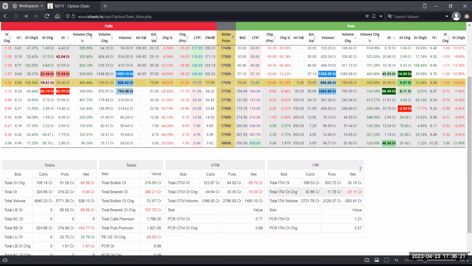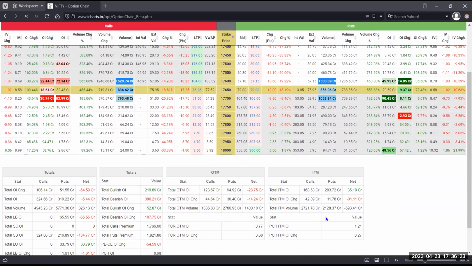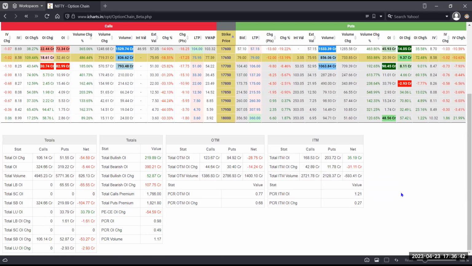If the trend is changing, you will get to know over here pretty quickly. This is basically the selling, and this is the standard signal. But during trend changes, this unwinding here will show up very quickly. So you need to keep an eye on both of these, definitely.